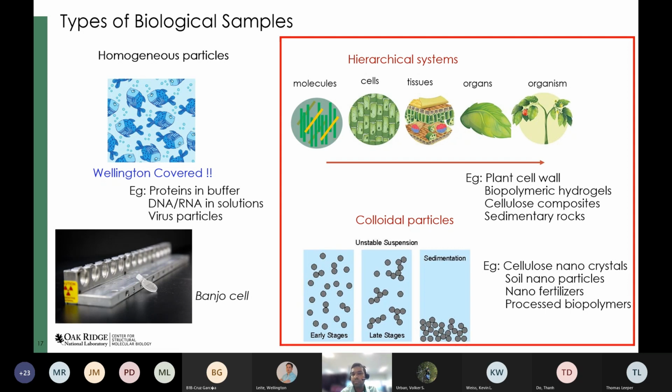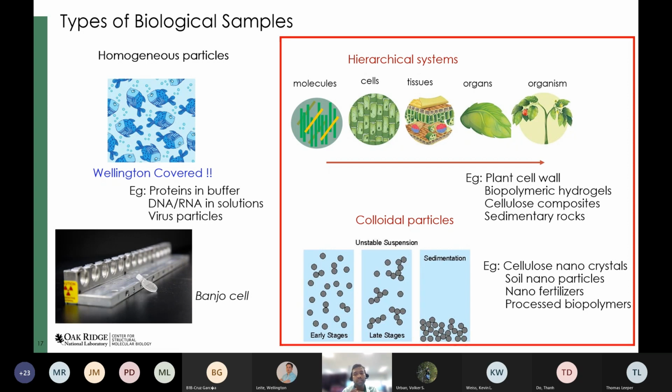The other kind of samples that we are getting is the hierarchical system, which is very important. Hierarchical samples have structural ordering as you go to higher length scales. A very good example is plant material. We have the molecules, the organelles, then the cells, then cells make tissues and organs, and the organisms.